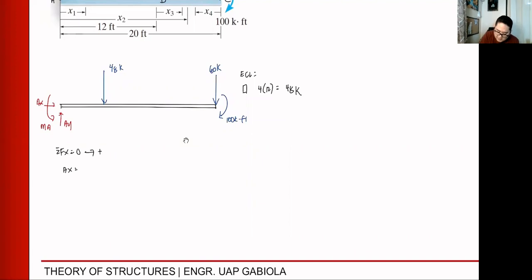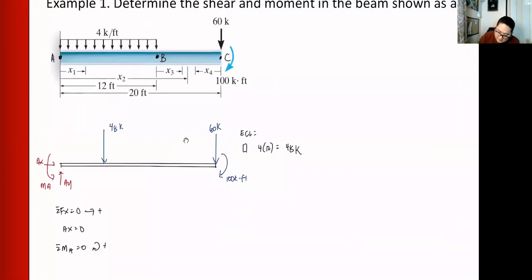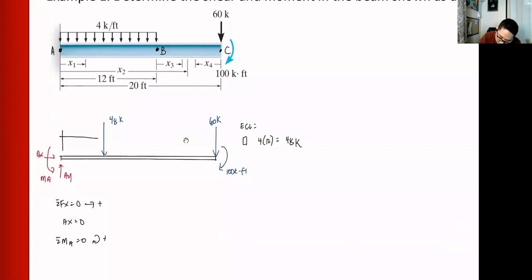So Ax is equals to 0. Summation of moment papunta kay A is equals to 0, taking to the right as positive. So kunin natin yung distances. Okay, so we have ito yung half niya, 6 foot. And then 20 minus 6, this is yung remaining natin, 14.